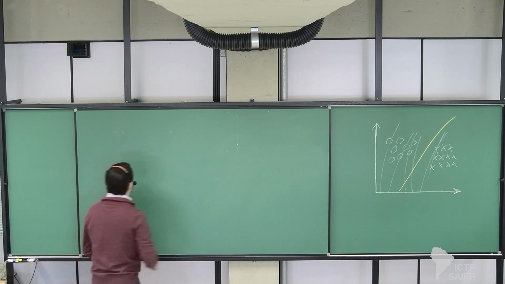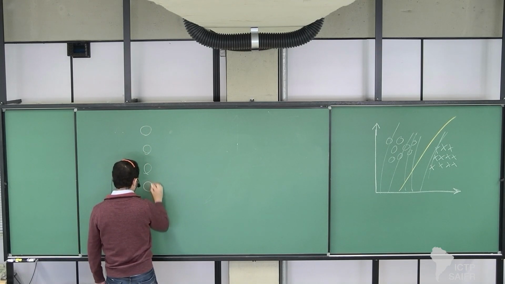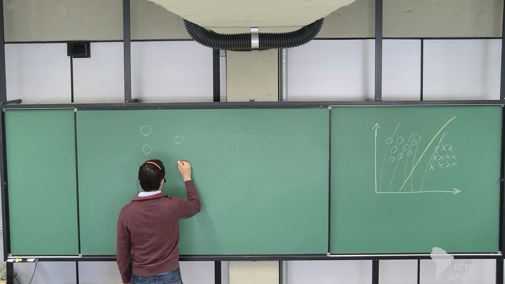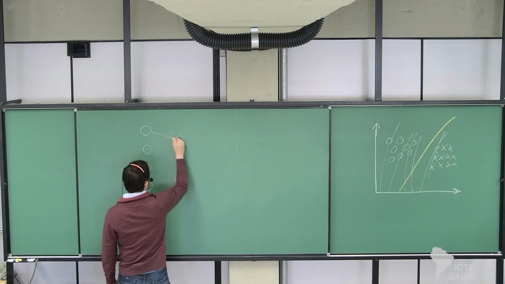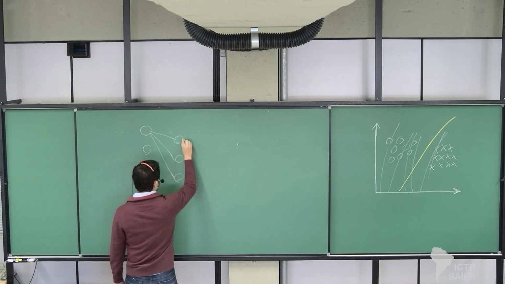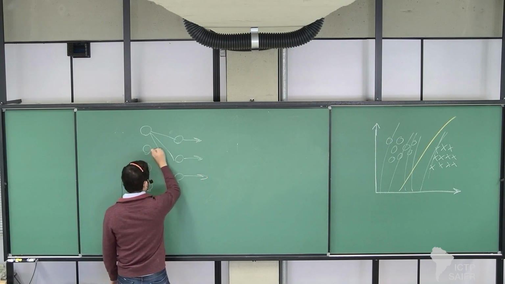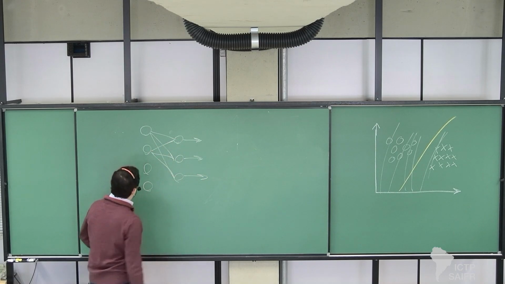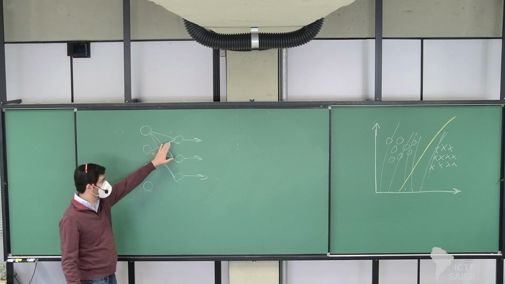I'm going to draw here a neural network. So all the neurons here are associated to all the neurons in the output layer.